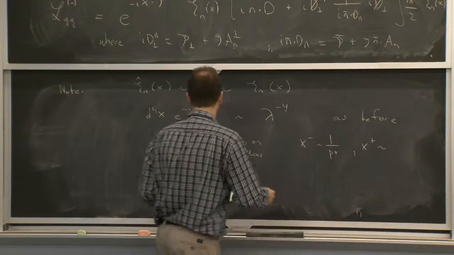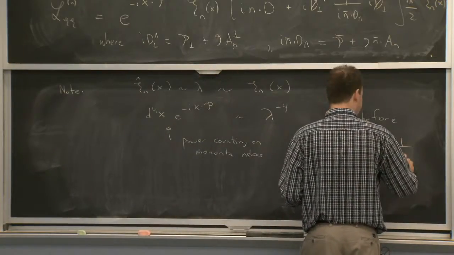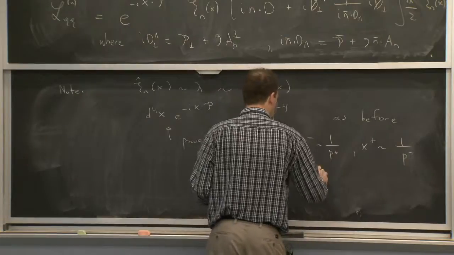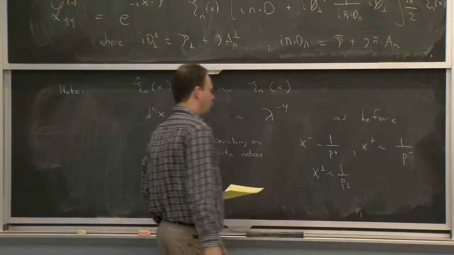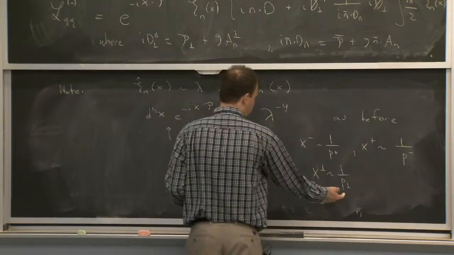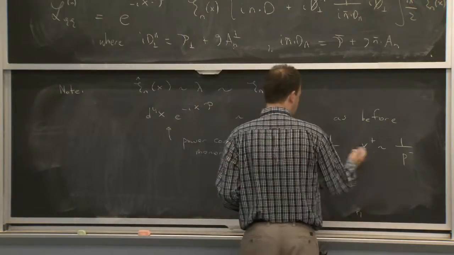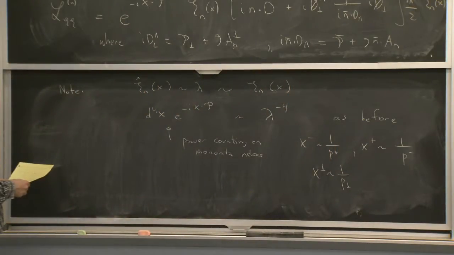Remember, in the dot product, it's always plus times minus. The confusing thing about light cone coordinates. And so if you count up the powers of lambda, you get -4 of them, because you get two here, none here, and then 2 there. So that's all going through as before.